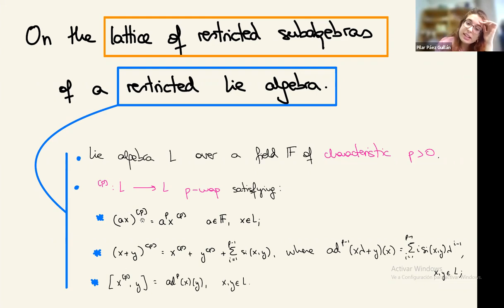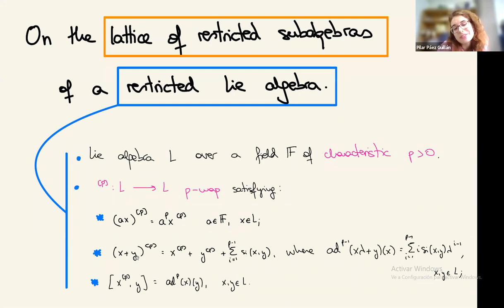For the product by scalars, what the p-map does is take out the scalars to the p power. In the bracket, it also behaves quite well. The bracket of x to the p and another element y must be the same as applying p times the adjoint operation of x on y. And we also have this relation with the sum, which is the trickiest of the three.